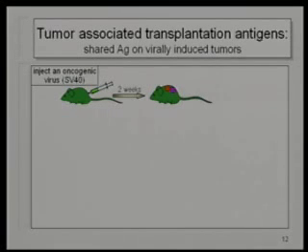One can inject with a virus, SV40 is one of the examples. One can get tumors of different histological types or more than one tumor.